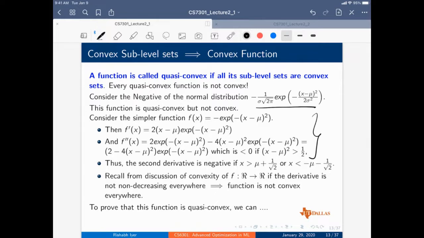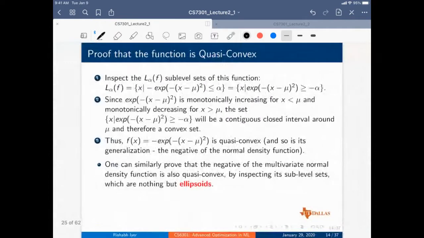But it is quasi-convex because for every sub-level set you have this particular expression, and this turns out to be nothing but ellipsoids, right? So the sub-level sets of this Gaussian function turn out to be ellipsoids, which shows that Gaussian functions are quasi-convex.